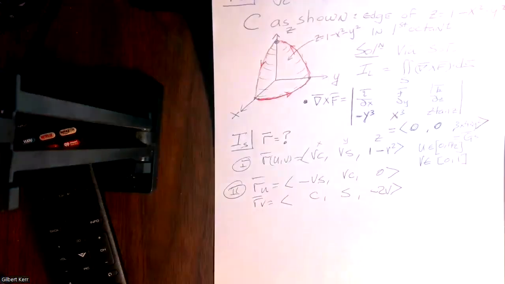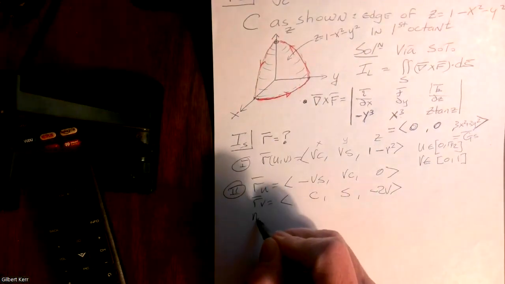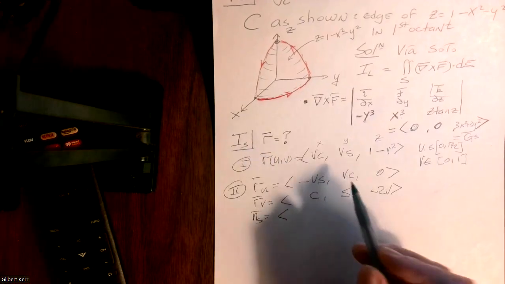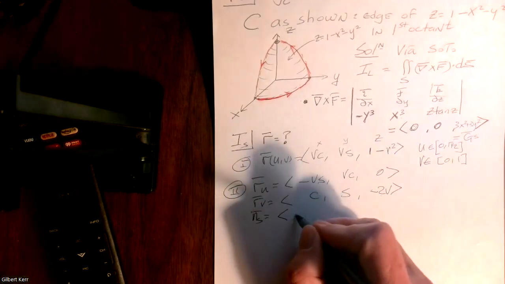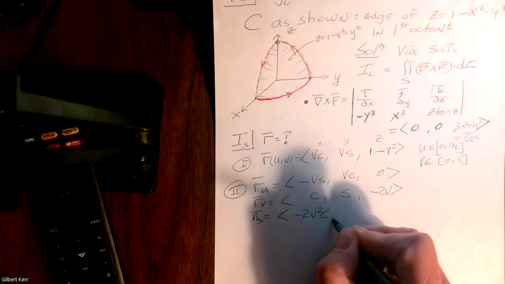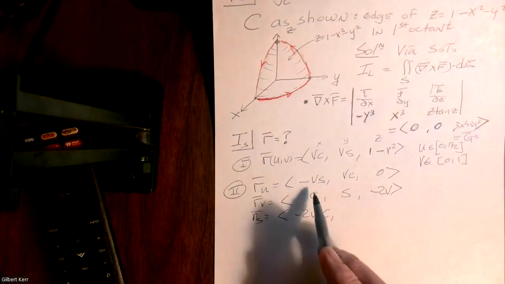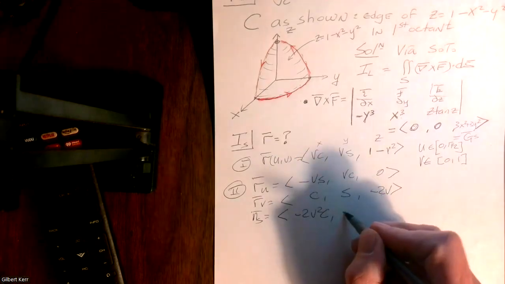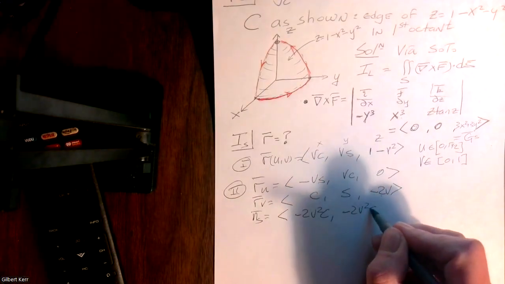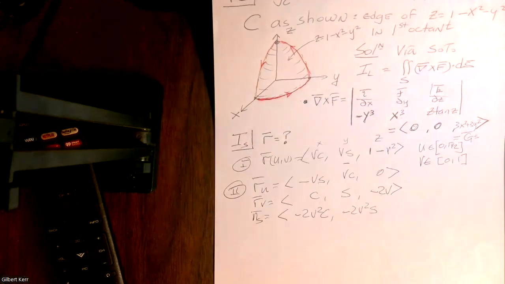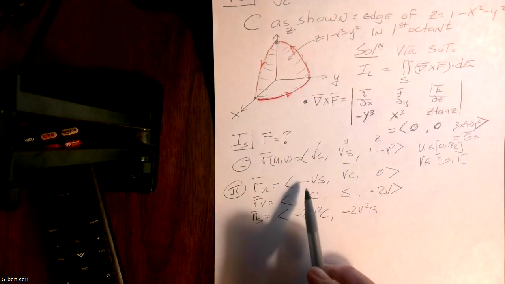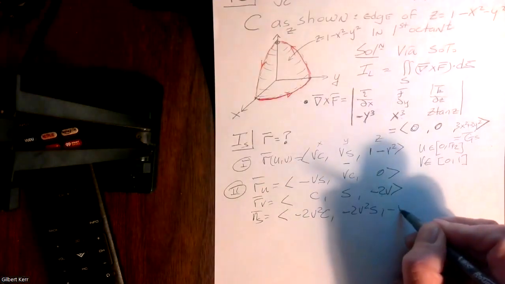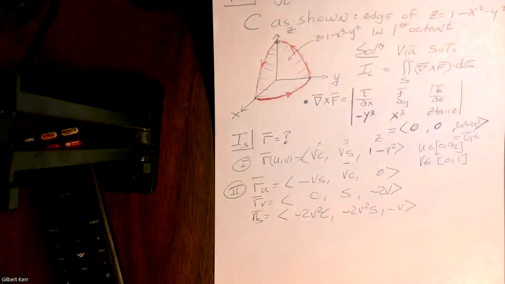So I get to come back into focus the normal to the surface from the cross product of these two things. So I got a minus 2v squared and a cosine. Then I actually got a plus 2v squared and a sine, but that got multiplied by the negative from the cross product. And for the last one, I got minus v sine squared minus v cos squared, which gave me minus v.